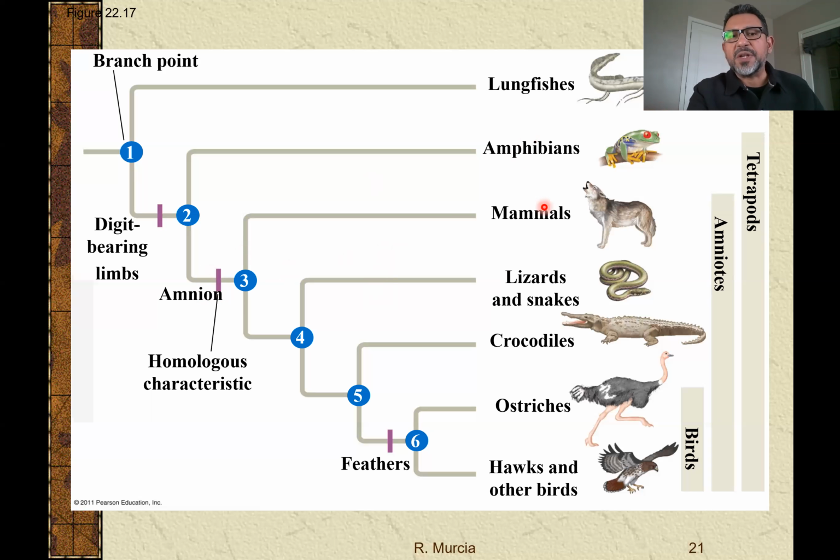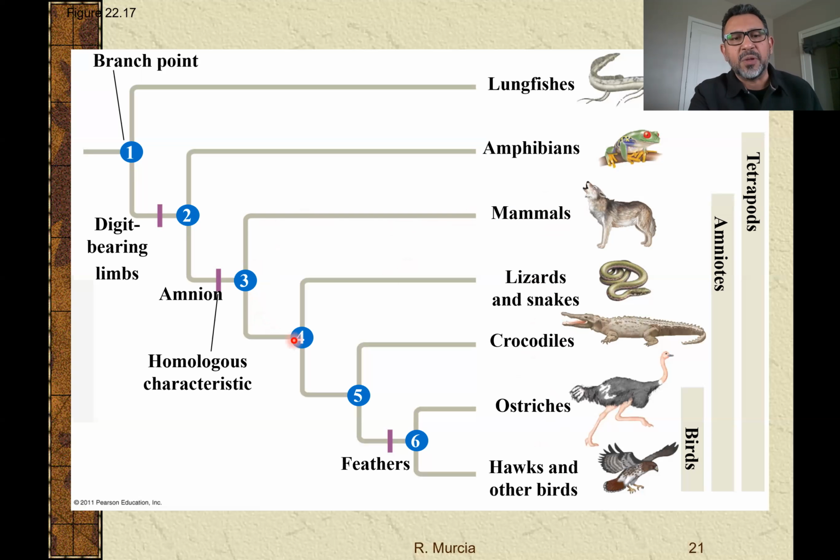And so what we notice here is that this becomes a derived trait that is present in the mammals, lizards and snakes, crocodiles, ostriches, hawks, and other birds. This is going to be a shared or derived trait. But notice that, again, we have a group of organisms that remains a little bit different after this point of divergence, and there are other characteristics that will be appearing.